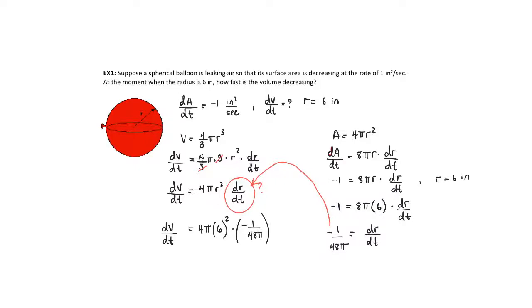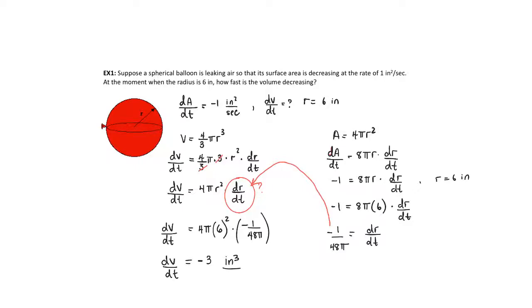And when I simplify that by canceling pi's and reducing, I should end up very nicely with -3. So that's going to be the value of dV by dt. Now the units, again, I want you to look at the notation. The volume is in the numerator, that means inches cubed.